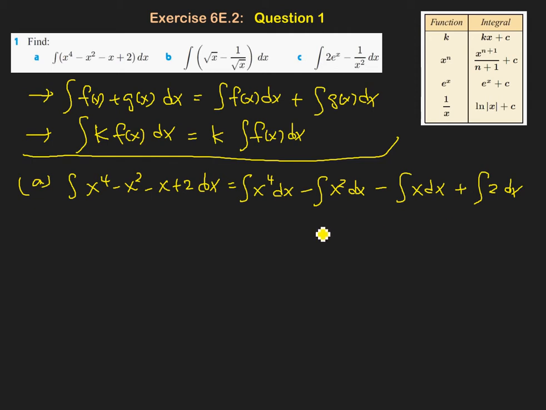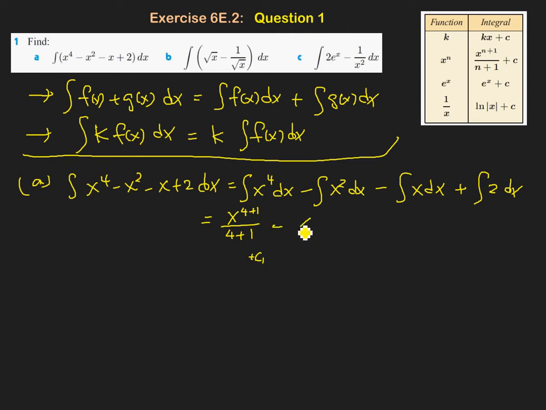So we just write down plus. And according to this table, we'll be using x to the power of n. Now if we integrate, we get x to the power of n plus 1 over n plus 1, plus c. So this x to the power 4 becomes x to the power of 4 plus 1 over 4 plus 1. There is a little plus c1 here, which I do not write right now; I'll do that later.